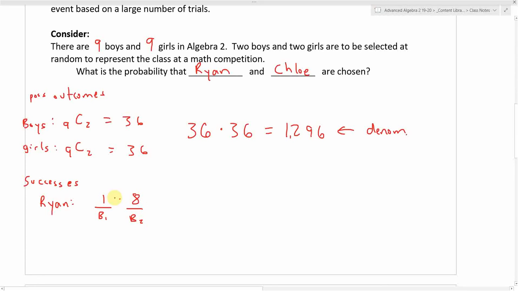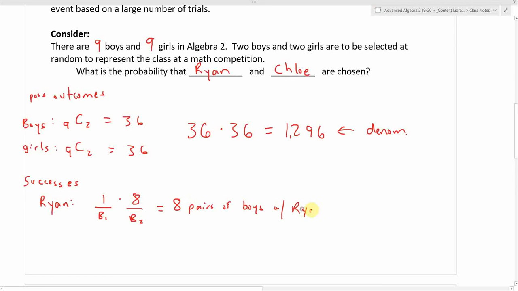So there's 8 different pairs that would have Ryan on the pair of boys. And it doesn't matter whether Ryan gets picked first or second, right? So you can switch that order around. Pick somebody else and then pick Ryan. But there's 8 different ways that we could have a pair of boys from our class with Ryan on that pair. Okay, so there's 8 pairs of boys with Ryan.